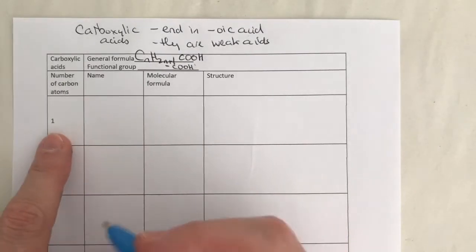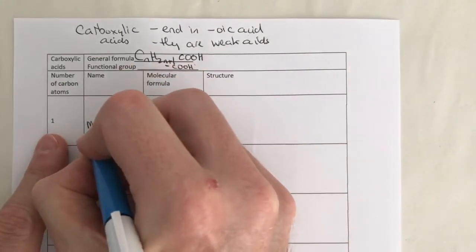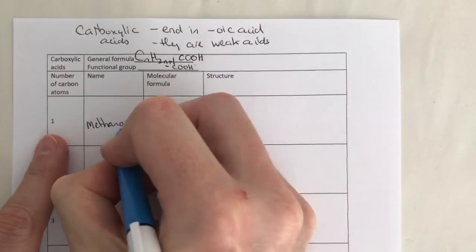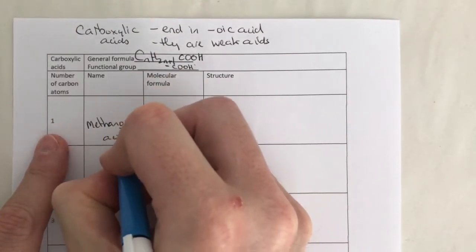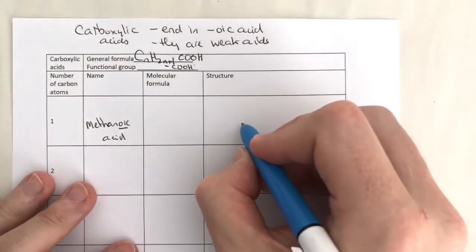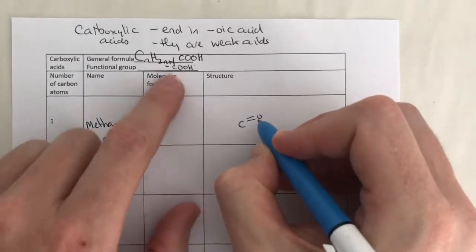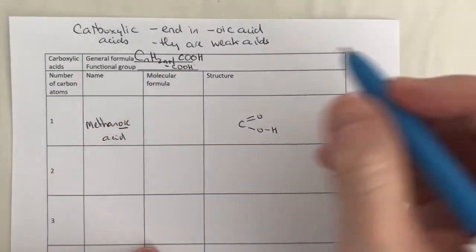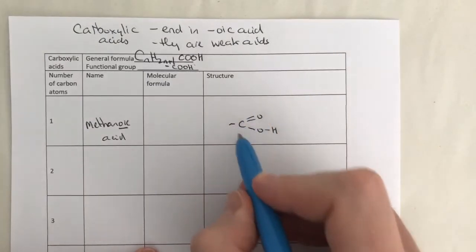The first one is one carbon. Remember, one carbon is always meth, and then we've got the ending oic acid to indicate it's a carboxylic acid: methanoic acid. To draw it, this functional group looks like this, and then all you have to do is make sure this carbon has 4 bonds.